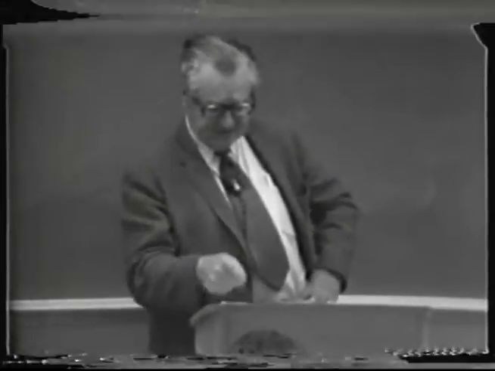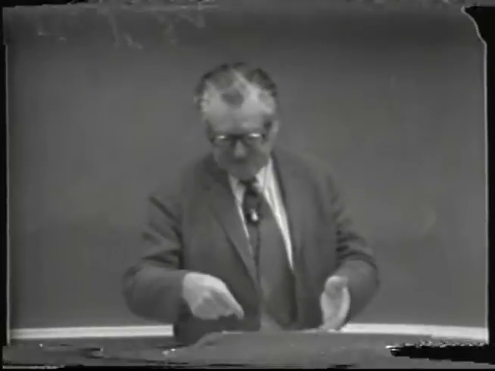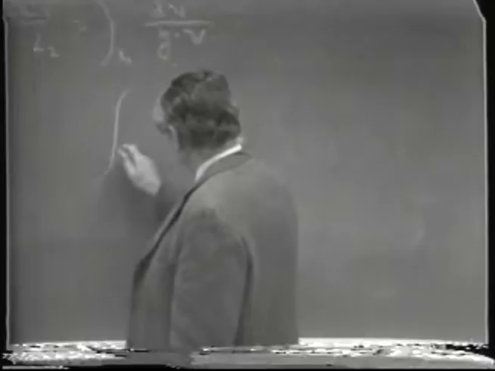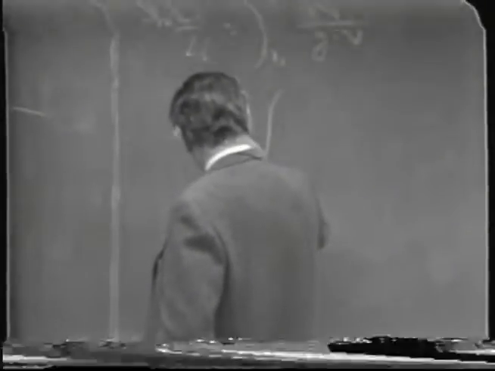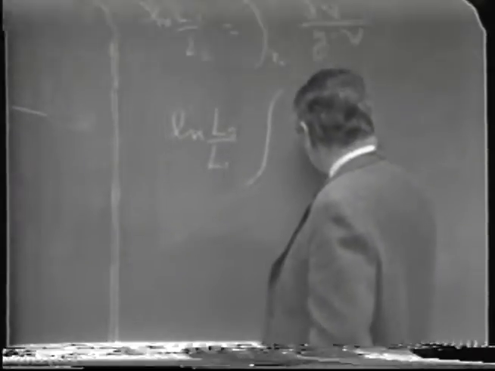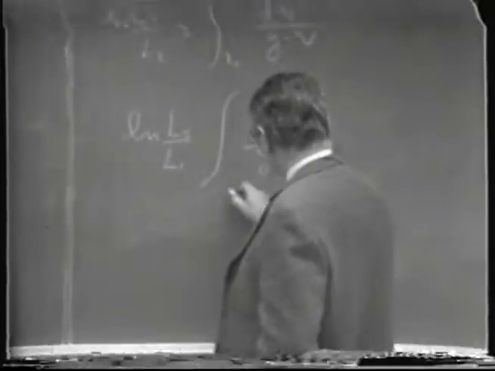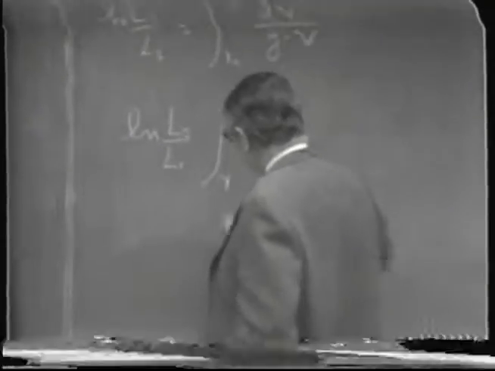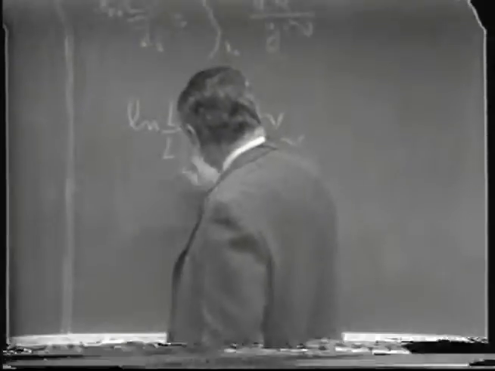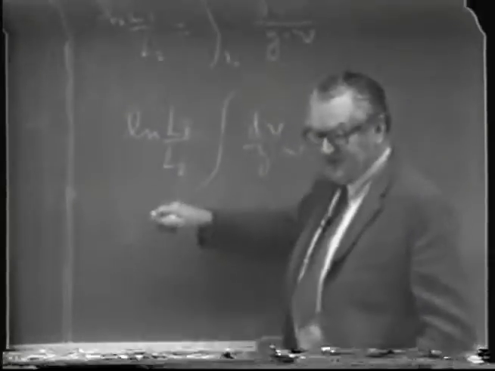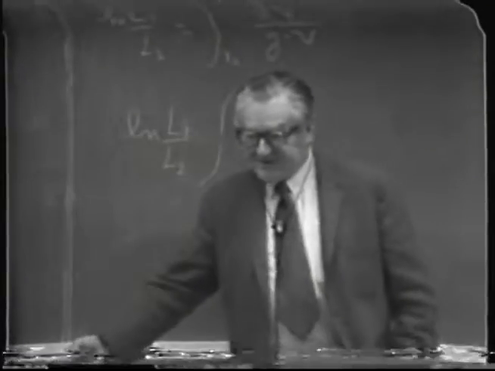Now, it is the other way around from the way you would normally do it. Since L1 is larger than L2, you can consider L1 as 1, then whatever the L2 value is, that's the fraction remaining, isn't it?